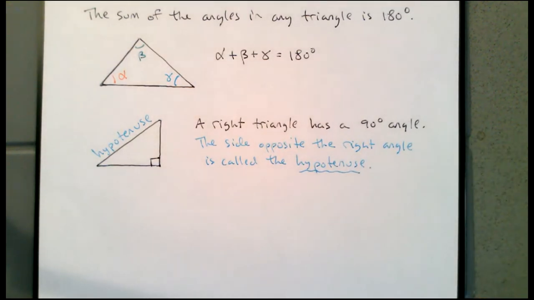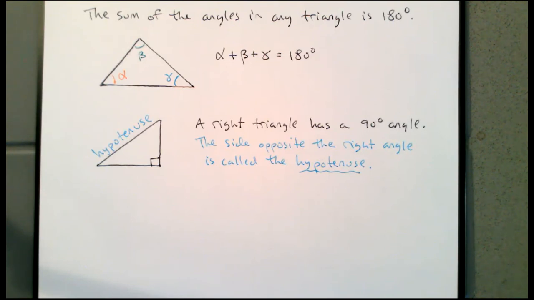The side opposite the right angle is called the hypotenuse. So if our triangle has a right angle, it's called a right triangle, and so it has a hypotenuse.